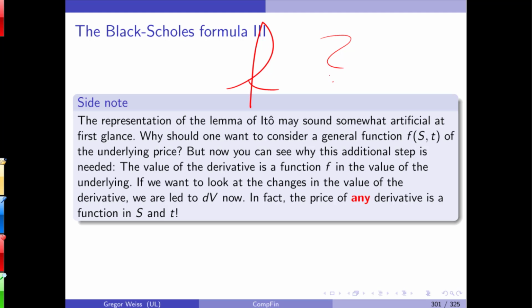It's a function of the stock price. It's a derivative on the stock price. I haven't talked about whether it's an option, whether it's a call, whether it's a put. Doesn't matter. The Black-Scholes model in its very nature is general to the max. It's completely generic. It can be applied to any financial derivative. It is not just a model that gives you a result for a European plain vanilla call or a put.